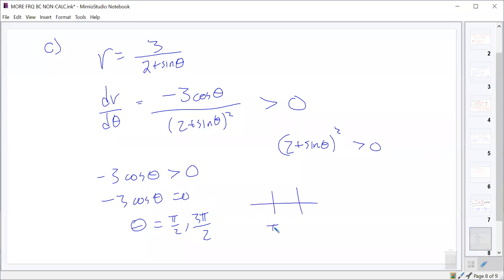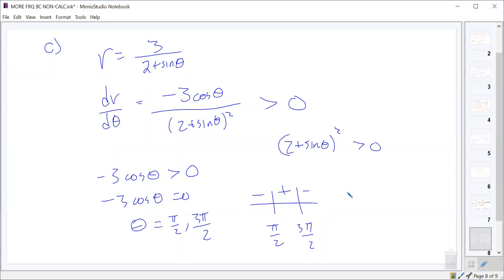We'll just make a sign chart and figure out when that is positive. Well, we plug in pi to negative 3 cosine theta. Cosine of pi is -1, and -3 times -1 makes that positive. Plug in something less, those are both going to come out to be negative values, because this is first quadrant where cosine is positive, so -3 times a positive, and fourth quadrant where cosine is positive, so -3 times a positive is also negative.